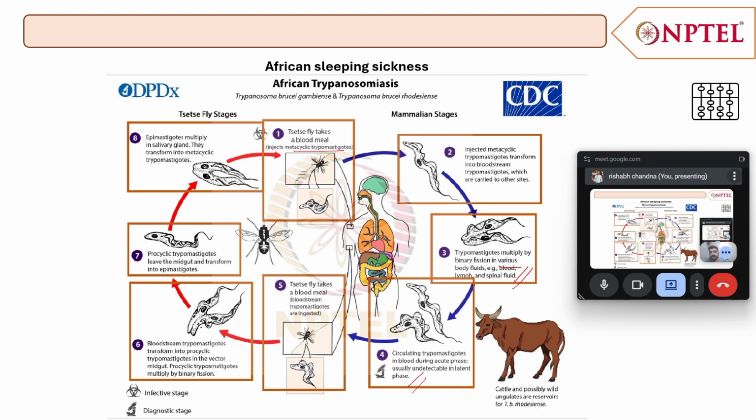After this, these trypomastigotes transform into procyclic trypomastigotes in the vector midgut. These procyclic trypomastigotes multiply by binary fission, so they divide in the fly, and then leave the midgut and transform into epimastigotes. These epimastigotes multiply in the salivary gland and transform into metacyclic trypomastigotes.